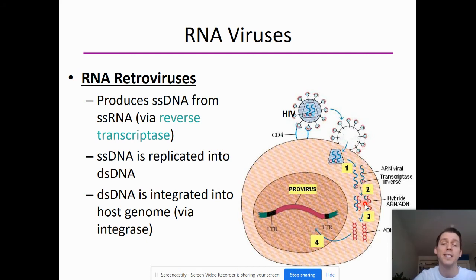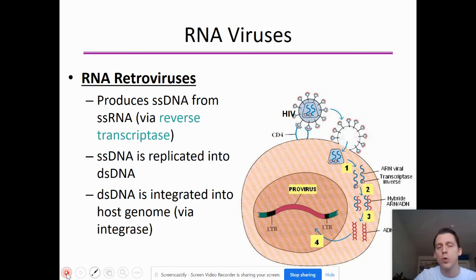And then that DNA is going to hide in the host genome. So actually in the host cell's DNA, that HIV DNA is going to slip in there and hide. And the cell will not have any idea that it has been infected. So it's like hiding there.